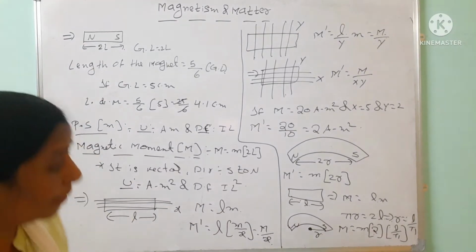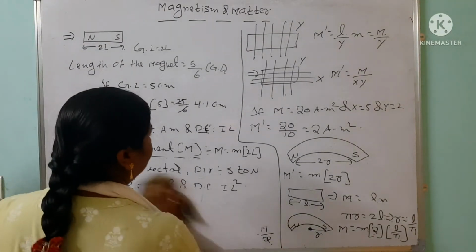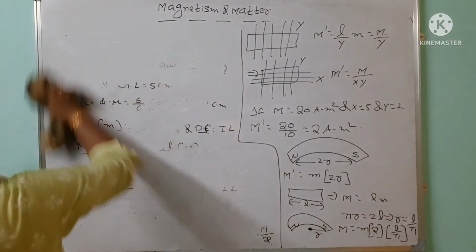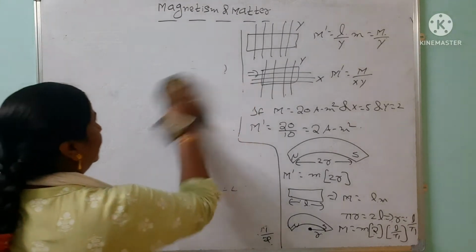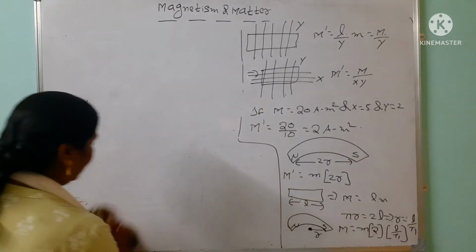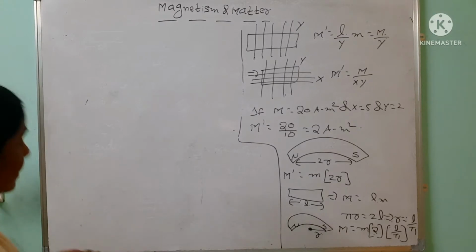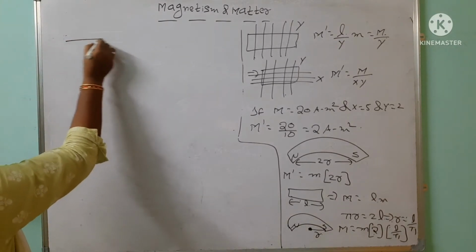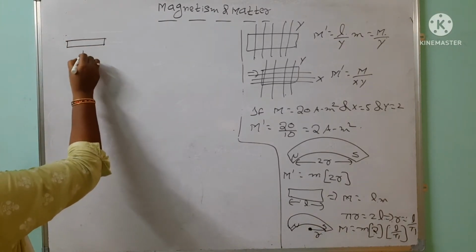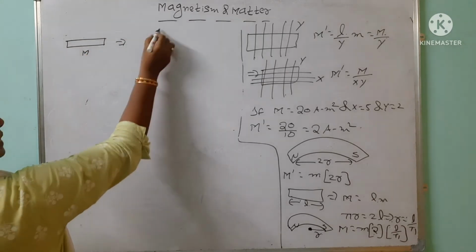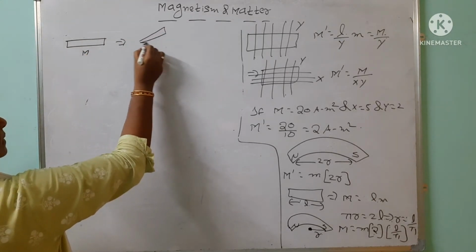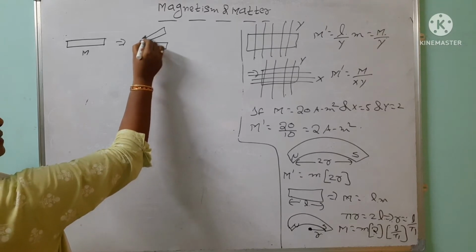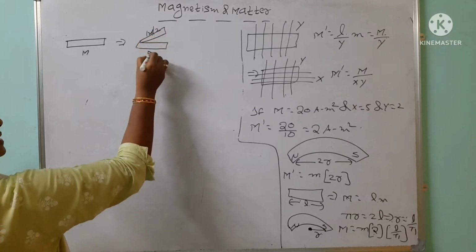Not only this, there are many cases based on the magnetic moment. Suppose we take one magnet and bend it at the center. This is the actual magnet with magnetic moment M. It is bent like that. Then each half is M by 2.